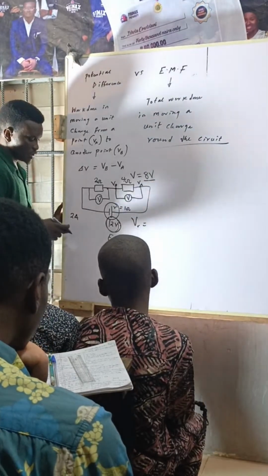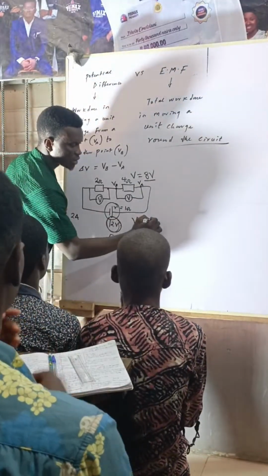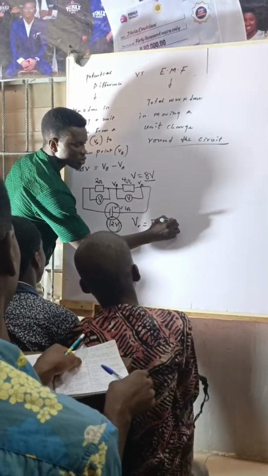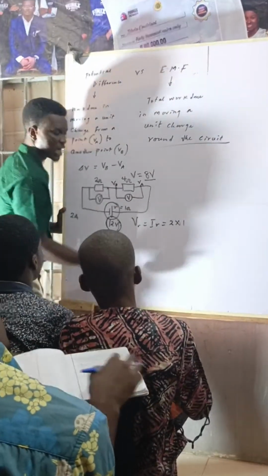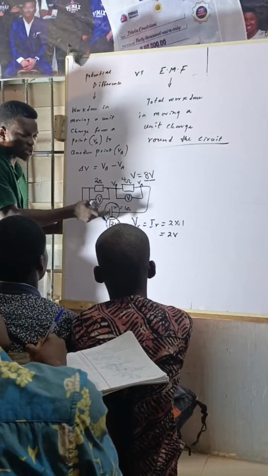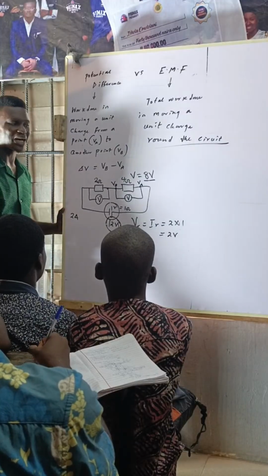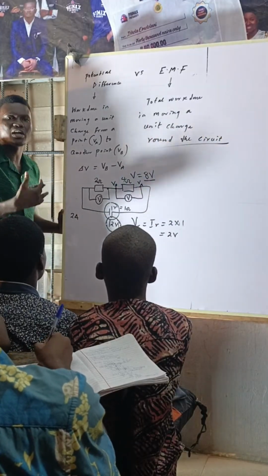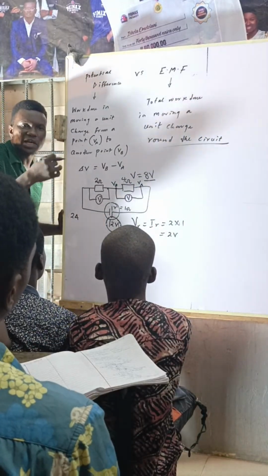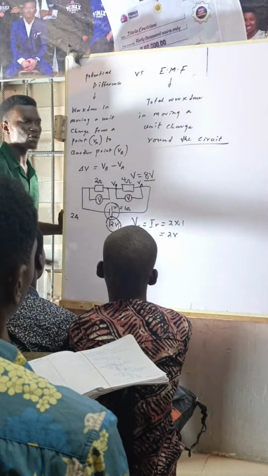So now, the voltage drop in the battery is IR, and that's going to be 2 times 1, which eventually gives us 2 volts. So out of 12 volts, it's using 2 volts to work on itself, and that's why we call it a voltage drop. It's an error. A battery should not have internal resistance, but most times it definitely has. Everything cannot be so perfect.